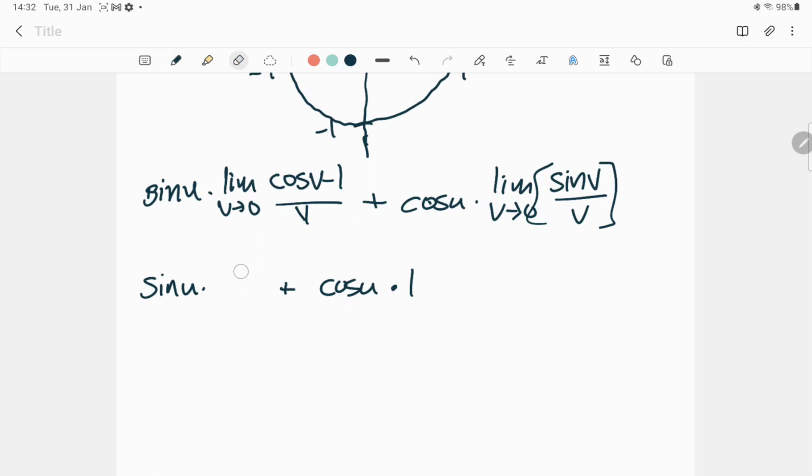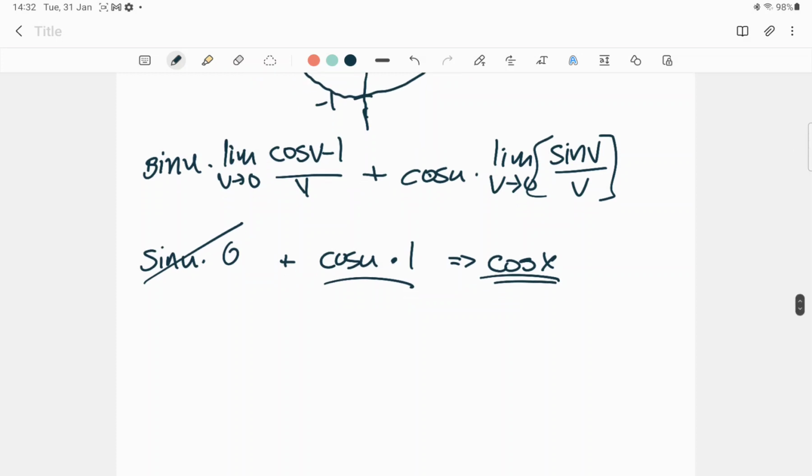So I will get sine of u times 0, and this will just cancel out, anything times 0 will cancel out. So you're left with cos of u times 1, which is just cosine of the angle u. But if you change back, I said that x is equal to u, so we get cosine of x. And so I have showed, by using the sine addition identity, that the derivative of sine is equal to cosine.